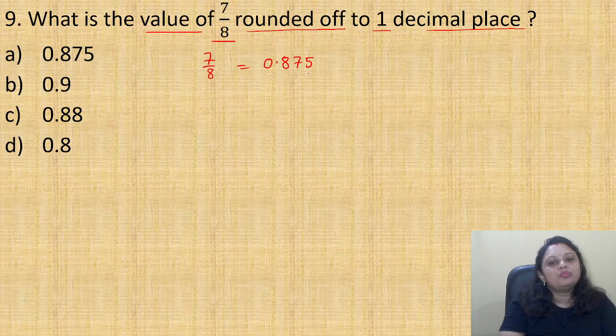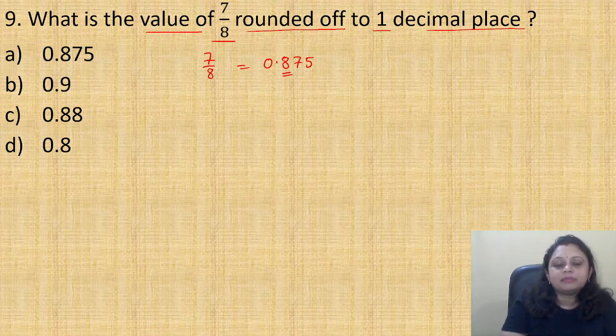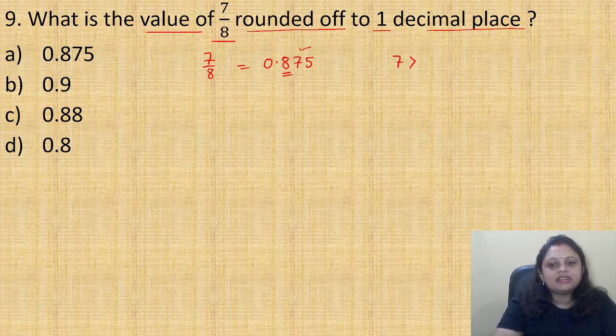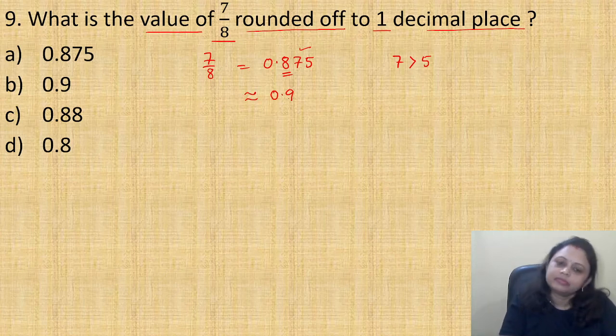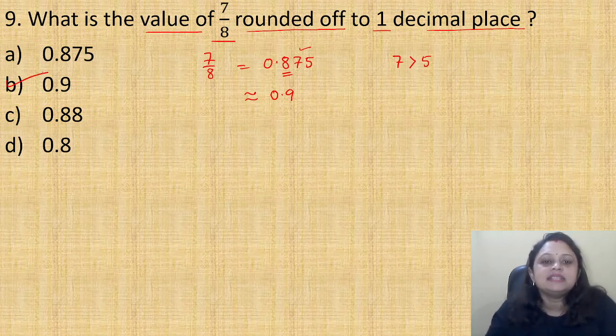Then we have to round off to one decimal place, that is the first decimal place. In the tenths place, 8 is there, and in the hundredths place, 7 is there. 7 is greater than 5, right? That's why it will be 0.9. So the correct answer is option B, that is 0.9.